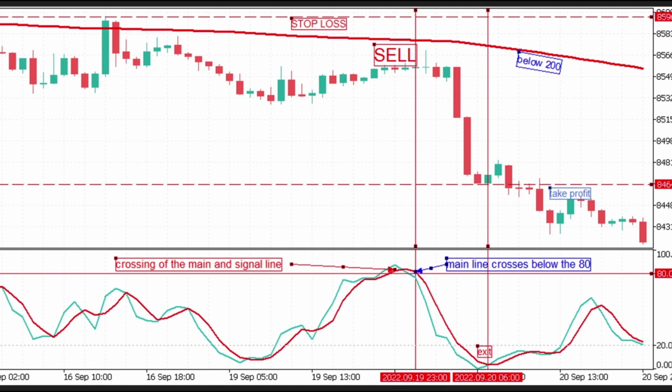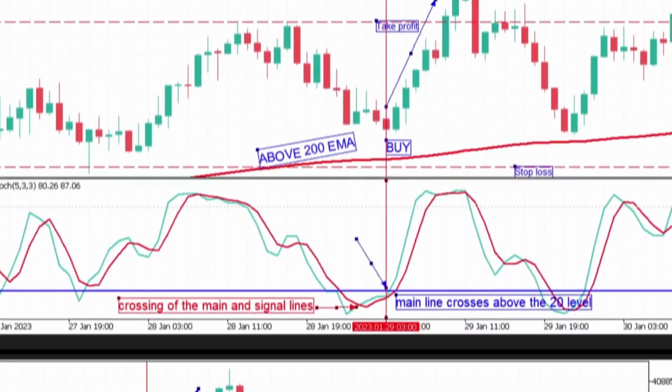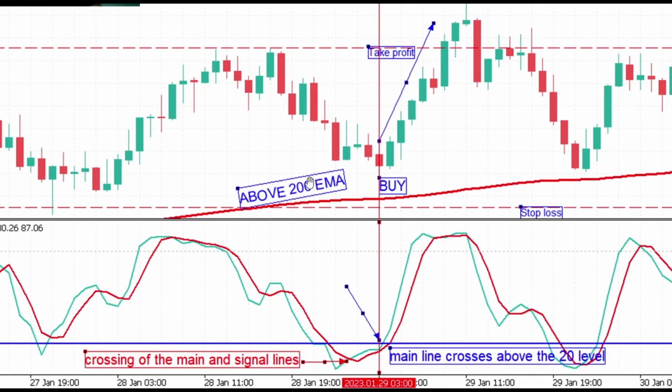Then let's look at the buying conditions. So when we are going to buy, we are going to wait. The price has to be above the 200 exponential moving average. That's one. Then there should be a crossing of the main line and the signal line, whilst the stochastic is on the oversold region below the 20 level.